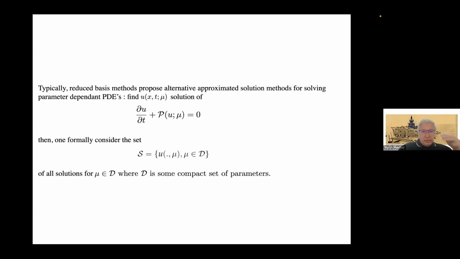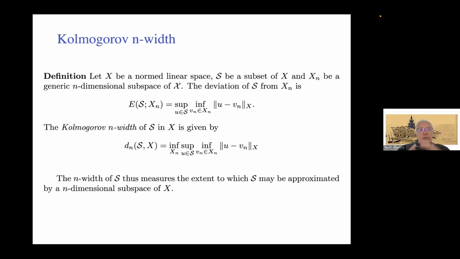So the idea is that the set, the manifold S parameterized by the parameter mu has some feature. Okay, so this feature is related to the reducibility of the manifold S. And this is based generally on what we call the Kolmogorov N-width, which is the ability of S to be approximated by a linear n-dimensional subspace.